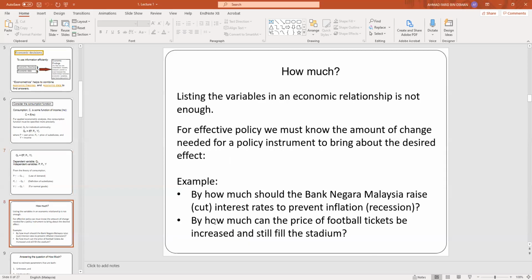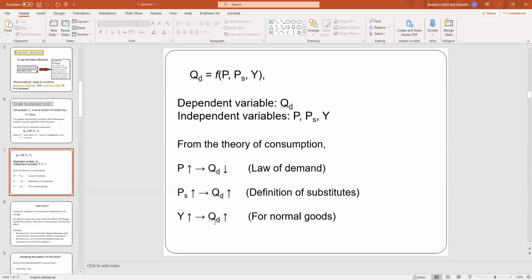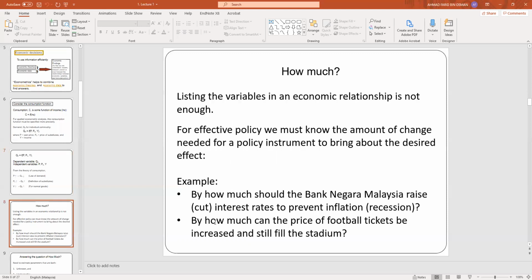So now the next question is by how much. If the relationship exists between the demand and each of these determinants, then by how much? Listing the variables in an economic relationship is not enough. For effective policy, we must know the amount of change needed for a policy instrument to bring about the desired effect.